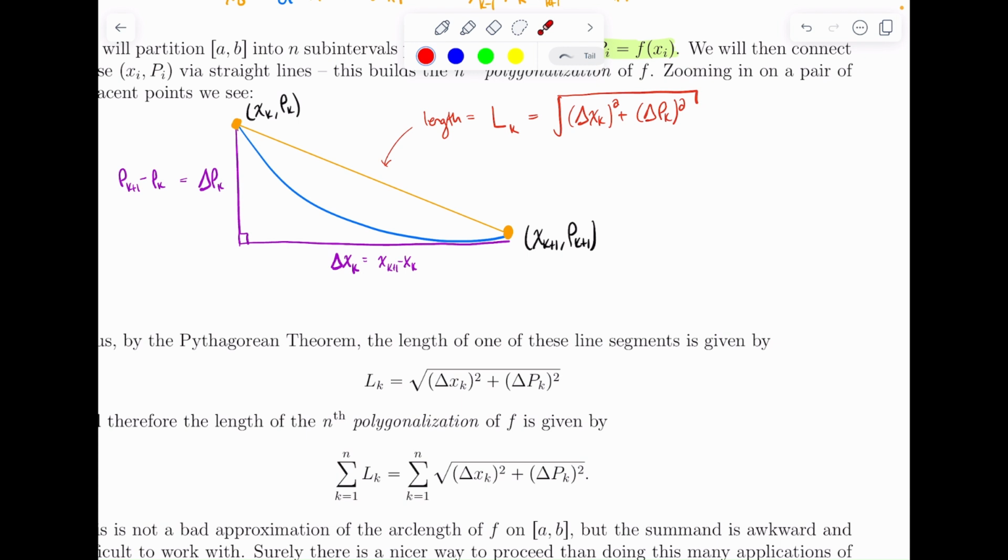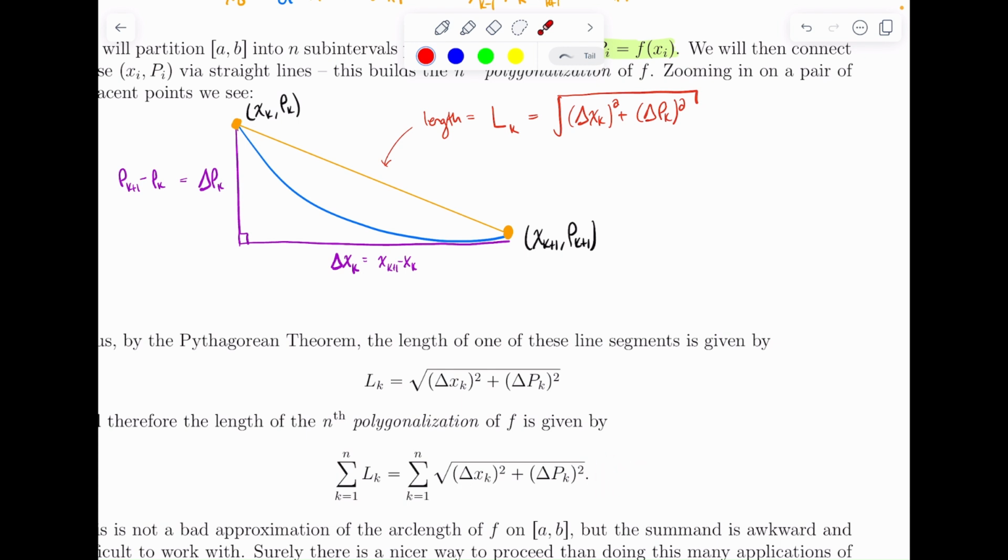And again, this formula just doesn't feel very easy to work with. I don't really know what this is equal to. This is a little unclear. Eventually, I want to take a limit as n goes to infinity and turn this into an integral. But in order to do that, there should be some sort of a delta xk that turns into a dx.